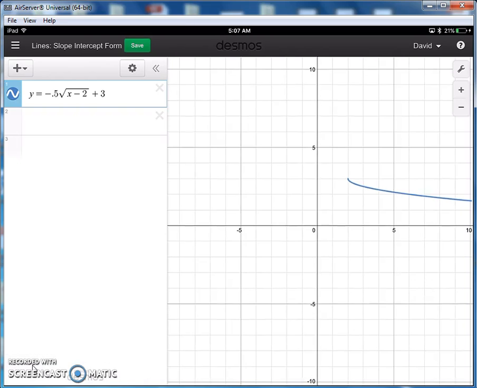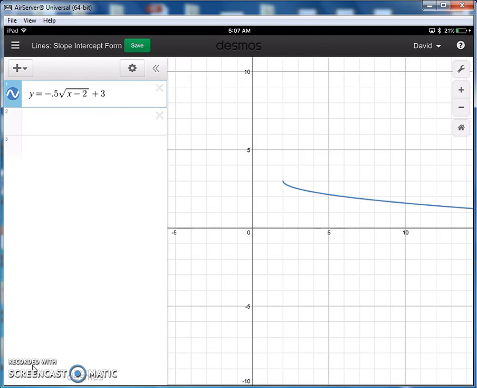And there's kind of our graph. So you could check points there if you wanted to. Whatever points you thought were right, it'll give you a little bit of an idea. It doesn't give you exactly, so you use your best judgment. Putting these equations in Desmos can give you a good idea of where you're at.